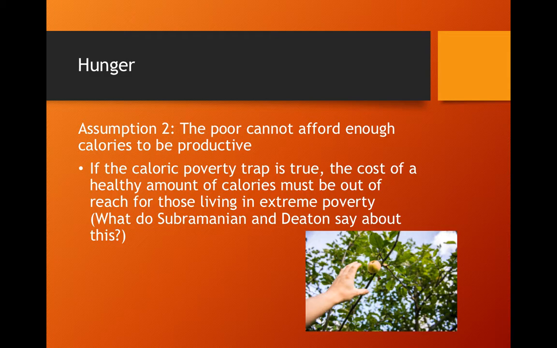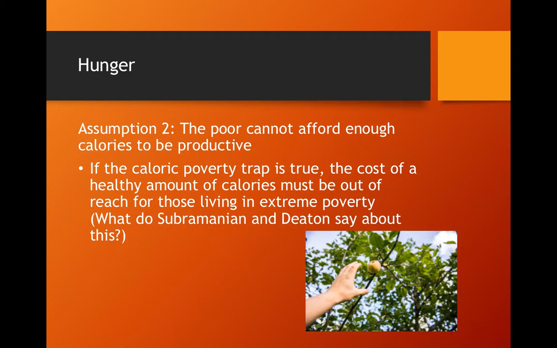Calories in many parts of the world are actually really cheap. For example, Banerjee and Duflo looked at the Philippines and the cost of different goods there, and they found that a person could buy an adequate number of calories for a day's work for very little. That cost of a day's worth of calories was within reach of just about everyone. But people would have to eat bananas and eggs all the time, and so people often are not going to do that.